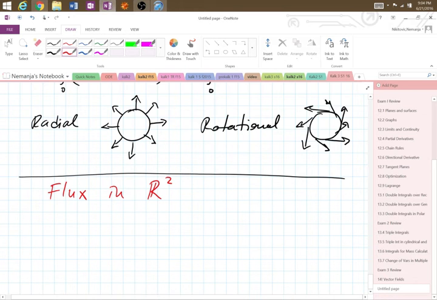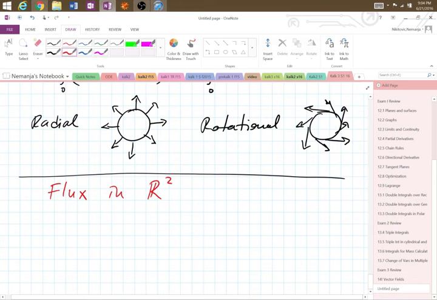Flux is going to compute how much stuff you can fit through that space perpendicular. And the best way to understand that is going to be the fan. All right? So when you turn the fan on, it starts pushing the air forward, which is making the wind, which is the vector field, right? The bigger the fan, the more stuff passes through. Smaller the fan, less stuff is pushed through.